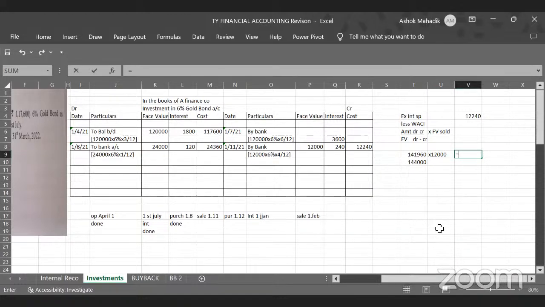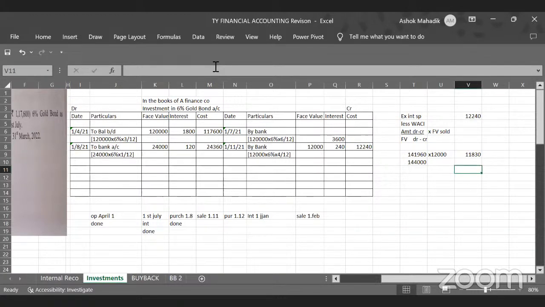Let me calculate: 141,960 upon 144,000 into the bracket into 12,000, right?